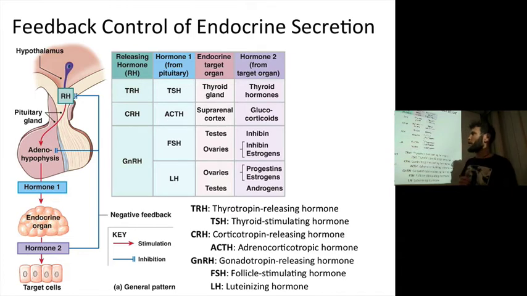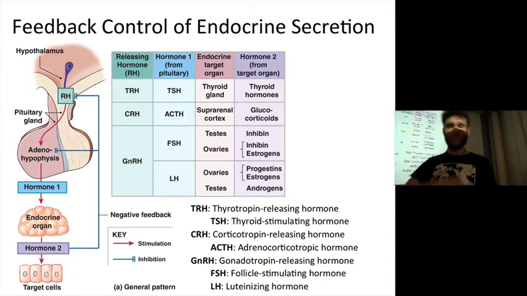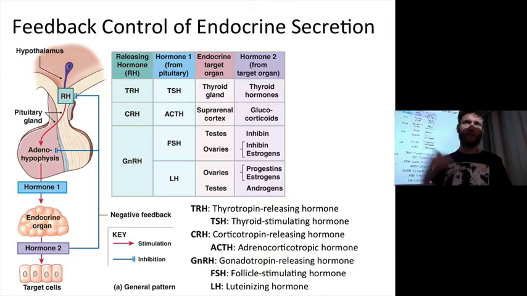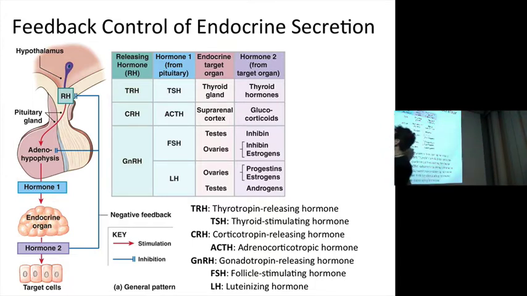So first let's talk about mechanisms in the adenohypophysis, a general pattern that is repeated in many instances depending upon the organ system we're trying to control and regulate.